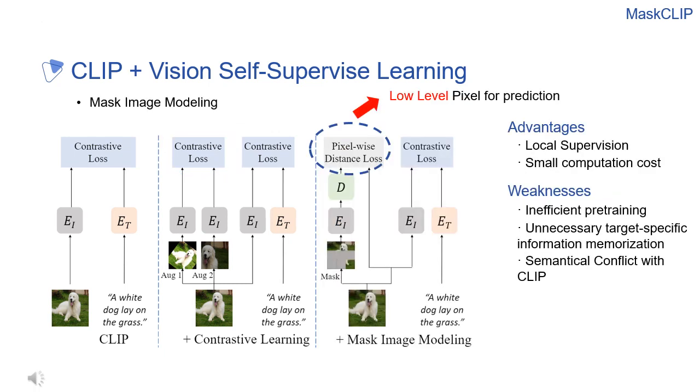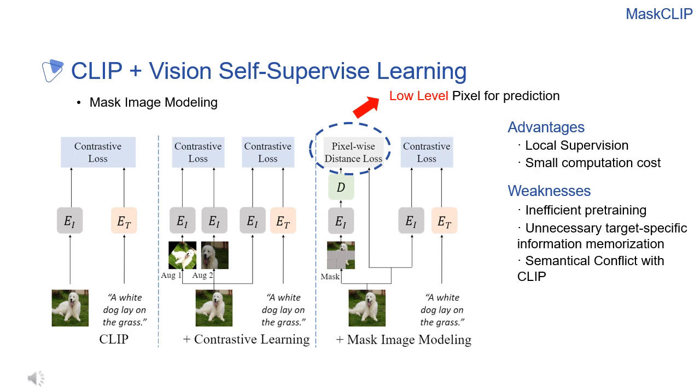The second choice is mask image modeling. Its supervision is a pixel-wise distance loss between the input image and the reconstructed one, so it is a local supervision, which is complementary with the global supervision in CLIP. Meanwhile, the encoder only sees a small part of the input and the decoder is lightweight, so the computation cost of the mask image modeling branch is small.